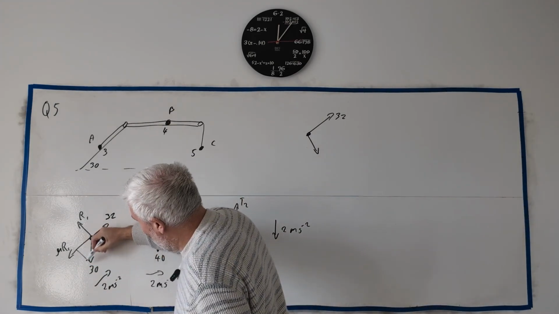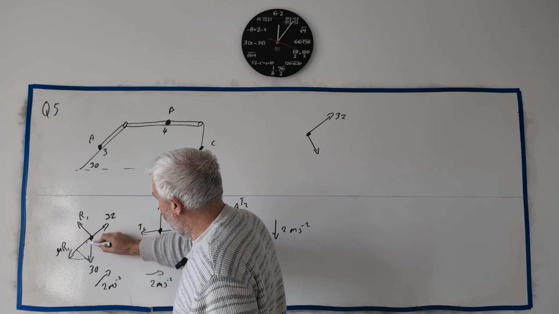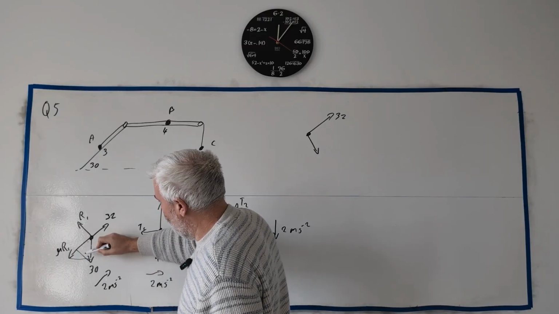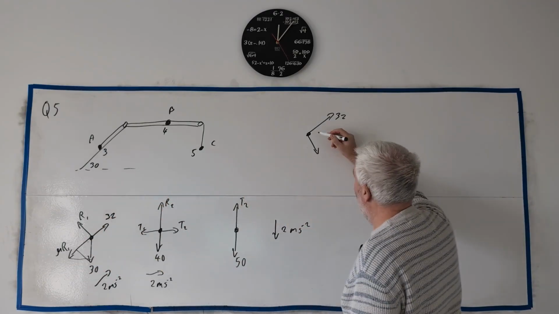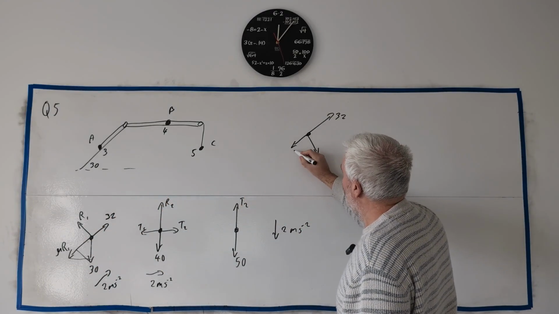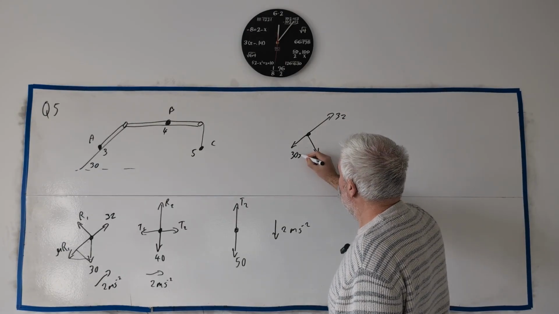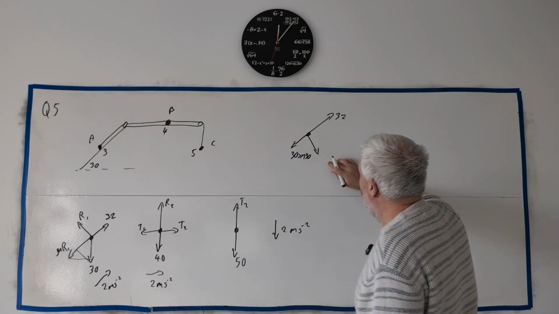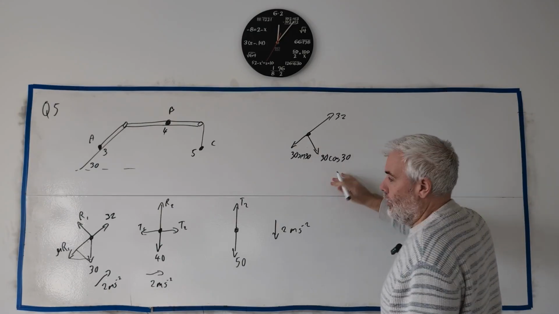So have a think of what angle is in here. This angle here is 30. So this angle is 60. This angle down here is 30. The opposite goes that way. So this force is, let's see, what's the force? 30 sine 30. And this force down here is 30 cosine 30.